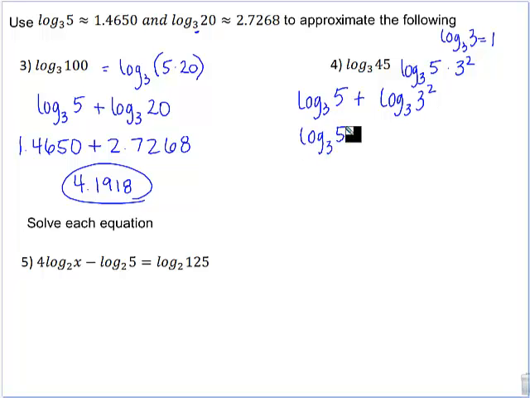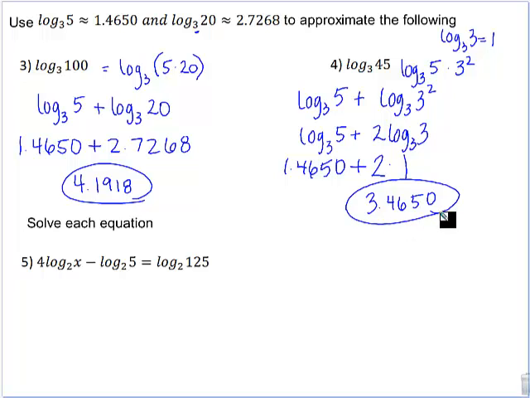So log base 3 of 5 plus 2 times log base 3 of 3. Log base 3 of 5, what is that equal to? 1.4650 plus 2 times, what's going to be the log base 3 of 3? 1. So what will this be when we add it together? Yep, 3.4650. Is that okay?